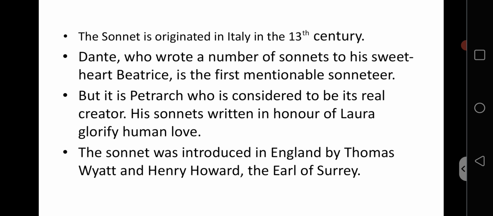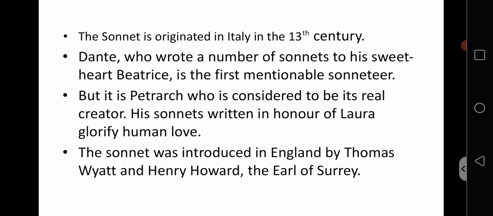Now when we come to English literature, the sonnet was introduced in England by Thomas Wyatt and Henry Howard, the Earl of Surrey. So in the 16th century, there were two poets, Sir Thomas Wyatt and Henry Howard, or the Earl of Surrey.